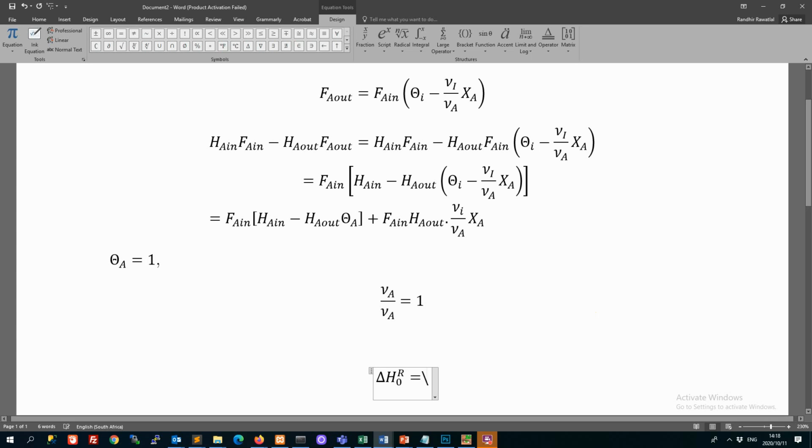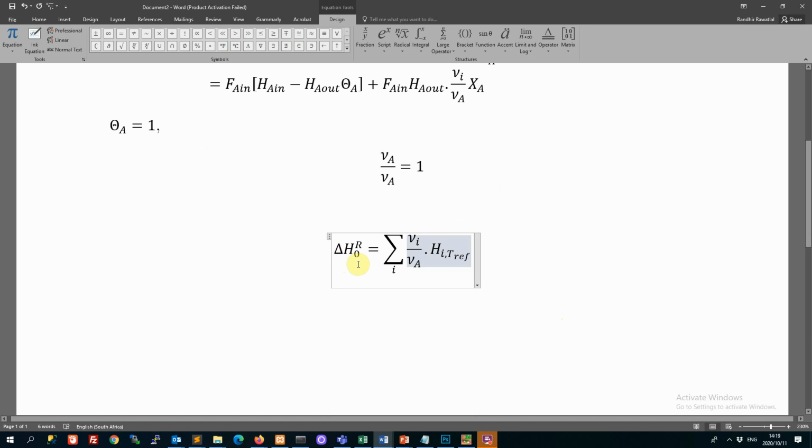So we're going to say here, sum over i of the enthalpy of component i at the reference temperature, T ref, weighted by nu i over nu A.